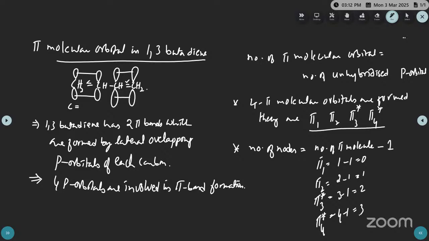That number of nodes is maintained in the pi molecular orbitals of 1,3 butadiene. By maintaining the number of nodes, you can draw the pi molecular orbital diagram of 1,3 butadiene.